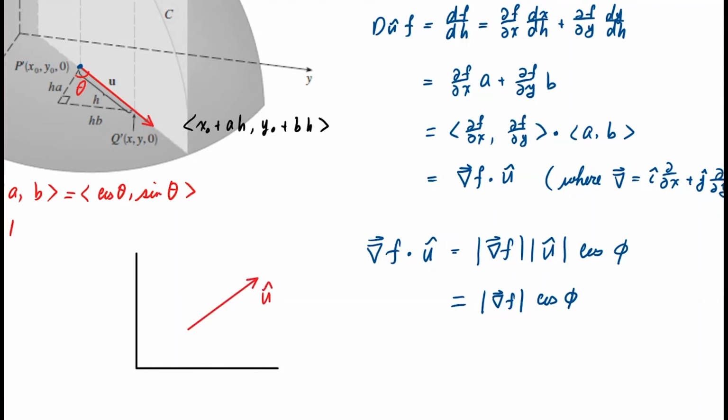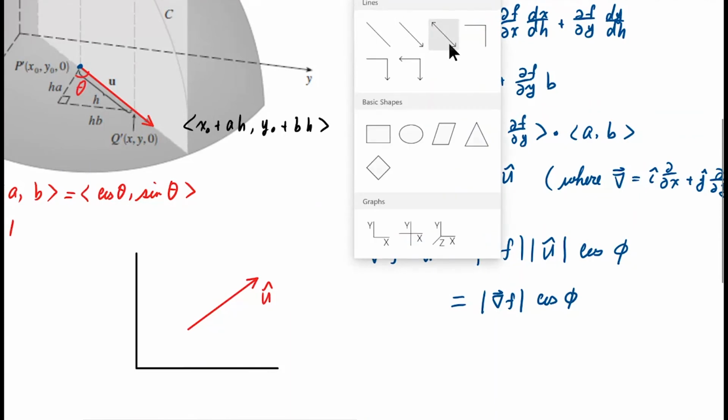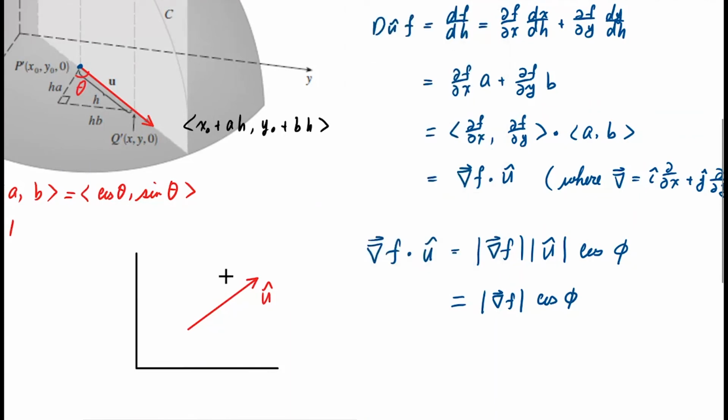Now the gradient vector, we don't know where it points, but let's say it points somewhere. So here's a gradient vector. Let's say it points in that direction, not necessarily that length. I'm going to use blue color for the gradient. Maybe I'm going to make it a little bit longer. So far so good. So this is del of f.